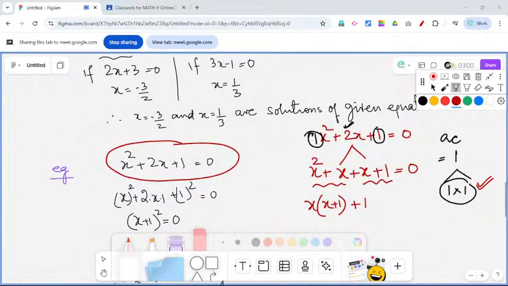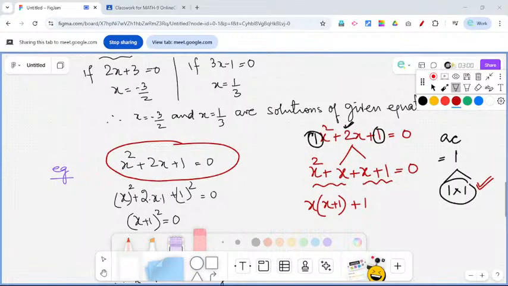That means using this algebraic identity I can write this polynomial as x plus 1 whole square. Now x plus 1 whole square is equal to 0, therefore x plus 1 is equal to 0, and therefore x is equal to negative 1. That means for this quadratic equation there is only one solution, x is equal to negative 1.